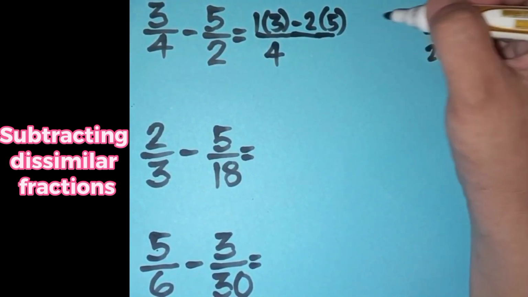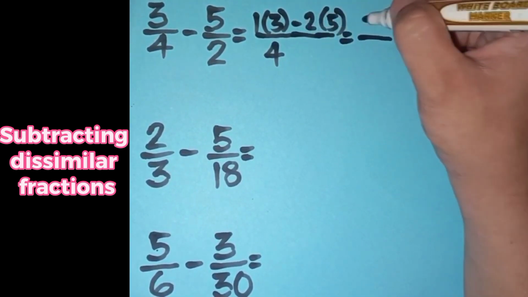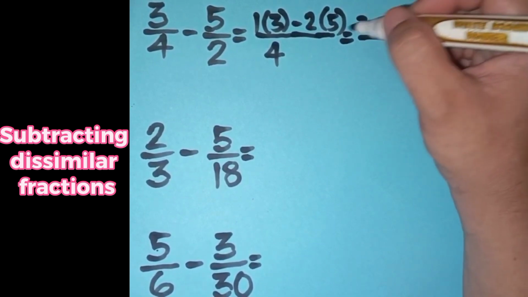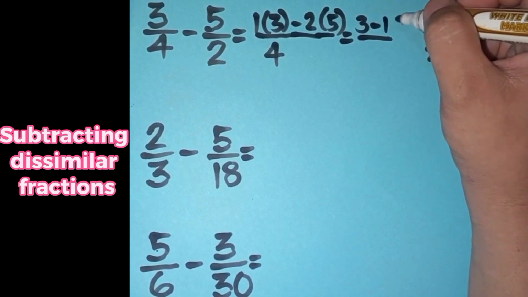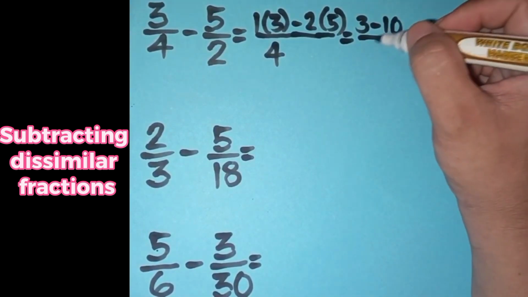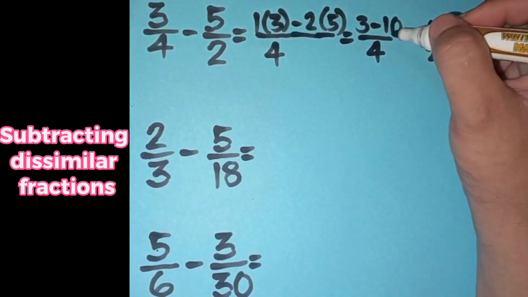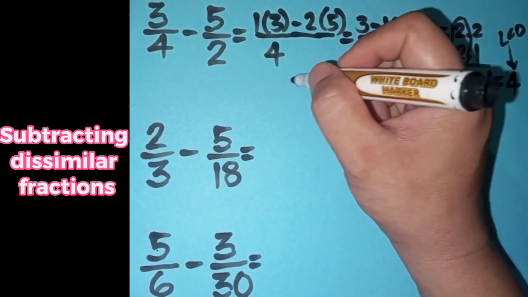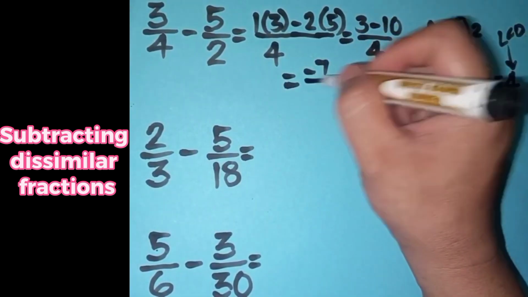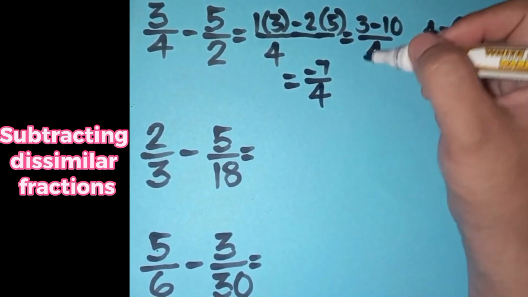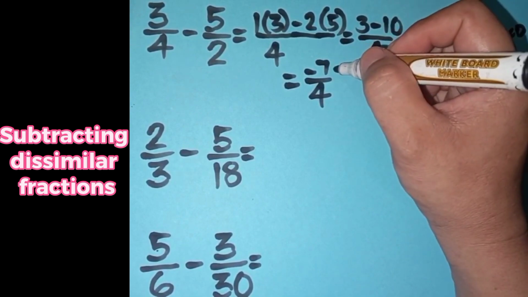Okay, so we simplify. 1 times 3, that is 3, minus 2 times 5, that is 10, all over 4. Simplify it further. 3 minus 10, that is equal to negative 7 over 4. So 3 fourths minus 5 halves is equal to negative 7 fourths.